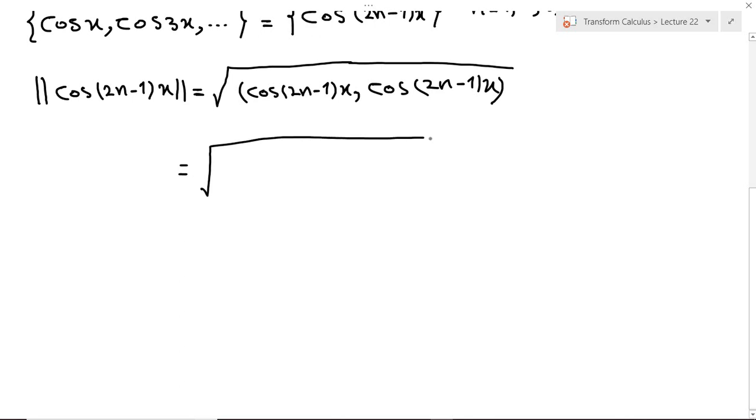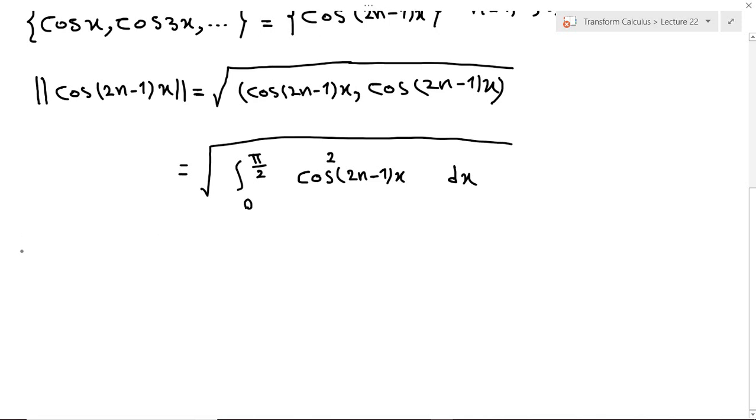So we have the root of the integral from 0 to pi over 2, because we want to find the norm in the range of 0 to pi over 2. The first function is cosine 2n minus 1 times x, and the second function is the same. As a result, it is cosine squared dx.